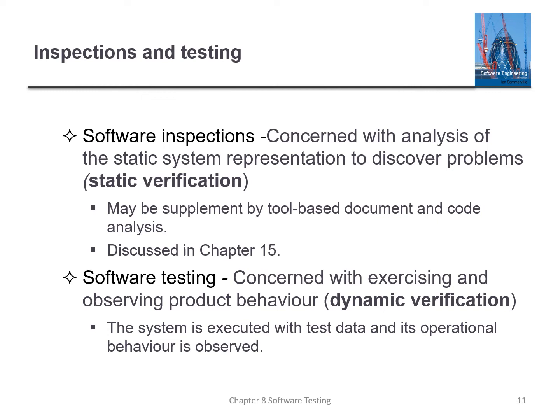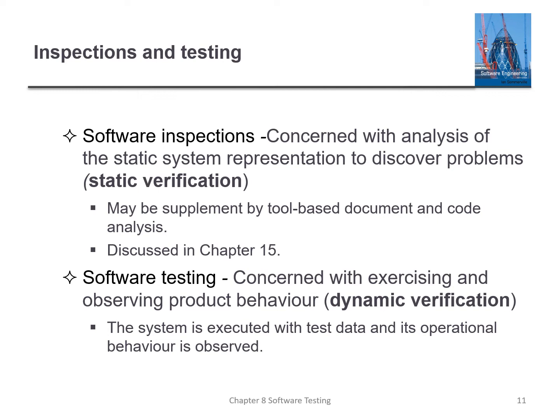So coming to the verification stage, there are two types of methods that you can use. The first one is software inspection. The second one is software testing. Software inspection is said to be static verification, where you analyze the system manually to discover problems.